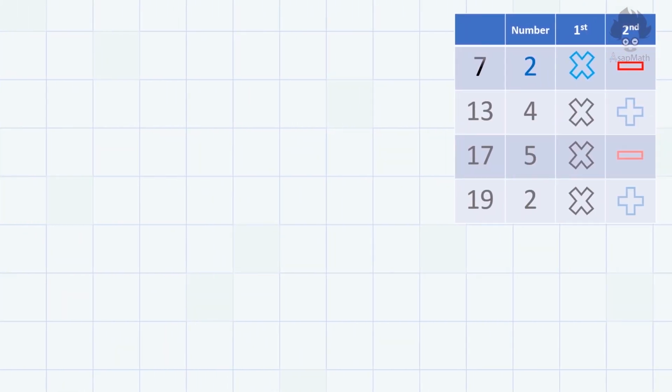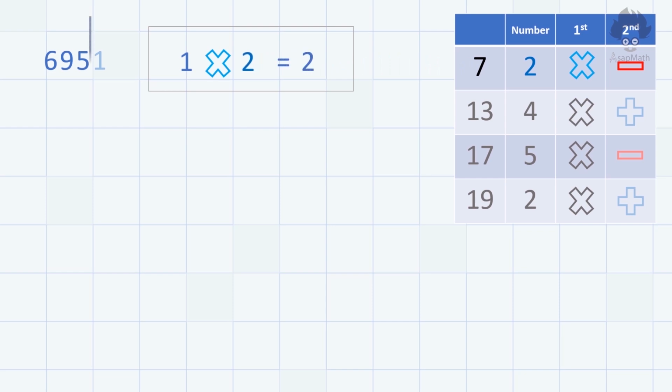We will consider another example. Here last digit is number 1. It is multiplied by 2. Answer is 2. It is subtracted from the remaining number. So answer is 693.